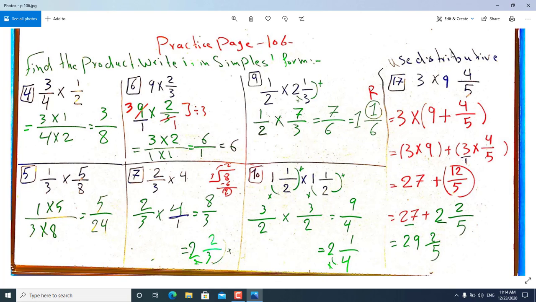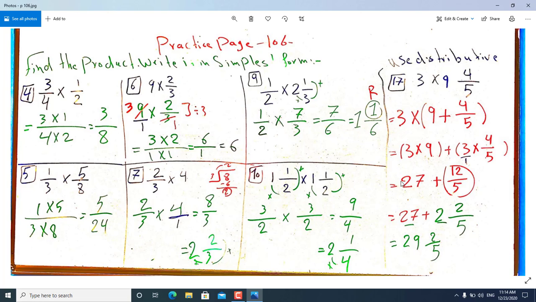From 17 use the distributive property. So if you have 3 times 9 and 4 over 5, first we know that between the mixed number and the fraction we have plus, so we write plus and put it in parentheses. After that this 3 will multiply with 9 and with 4 over 5, we make two parentheses and write plus between them. In the first, we write 3 times 9. In the second, we write 3 times 4 over 5.